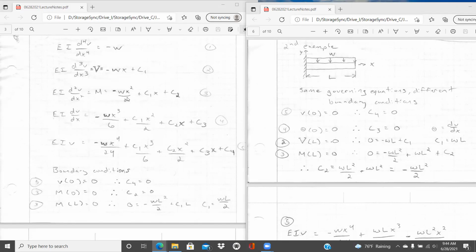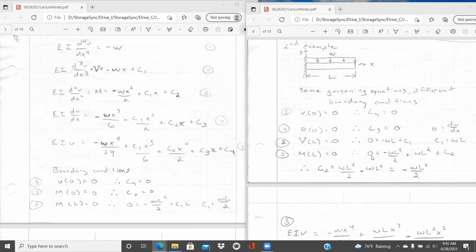So V of L is equal to 0. So we have minus WL plus C1, which means C1 is equal to WL. Boundary condition 1 solved, and then M of L is equal to 0. So plugging L in for X, we solved C1 already, we can solve for C2.